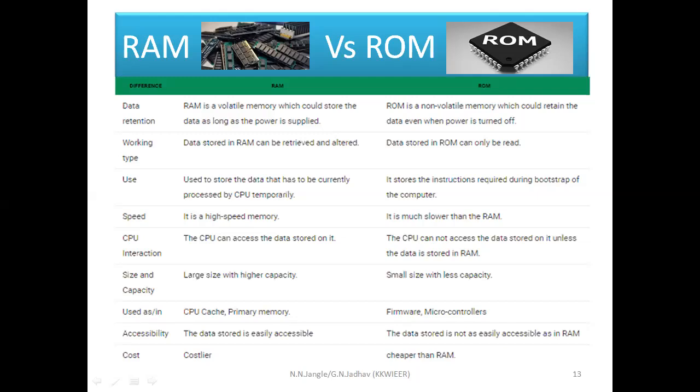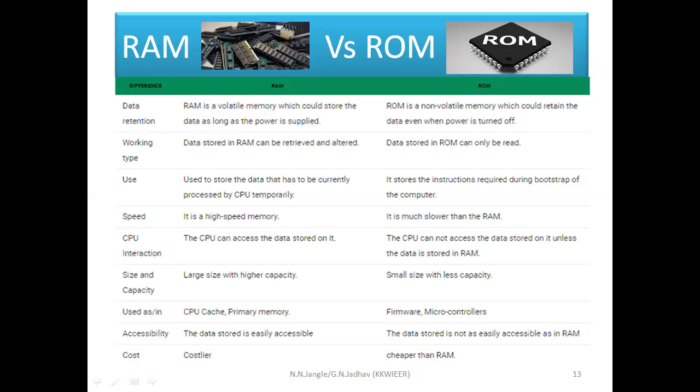Okay. The second parameter is working type. In RAM, data can be altered or retrieved or accessed again. Whereas in case of ROM, data is stored only. It cannot be written. Okay, we can read the data only. We cannot alter the data in ROM memory.